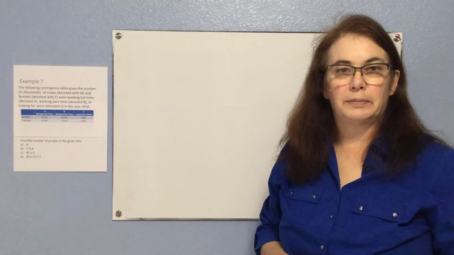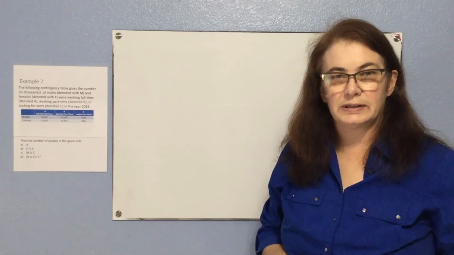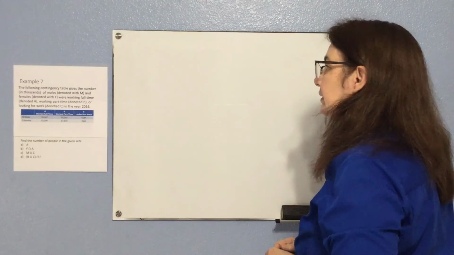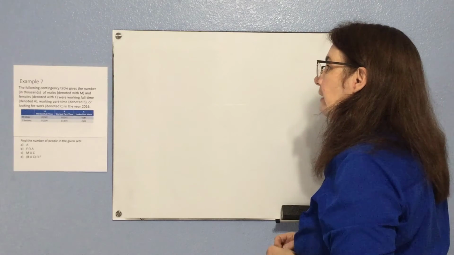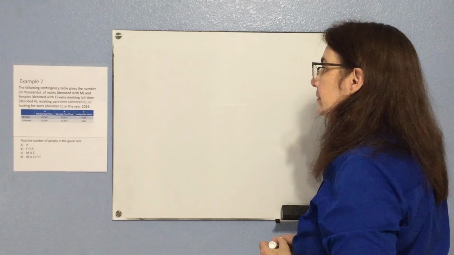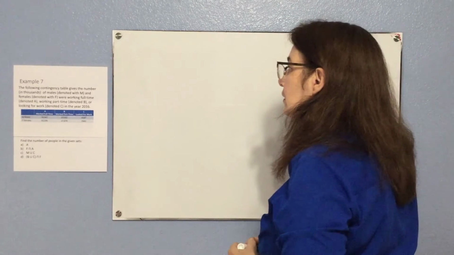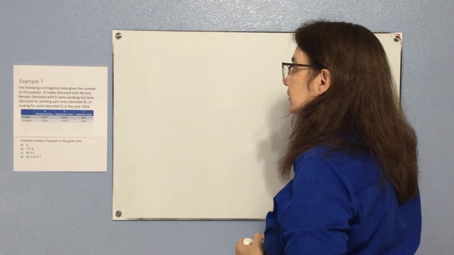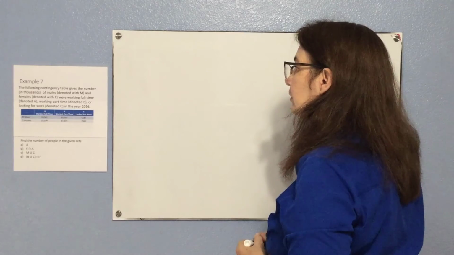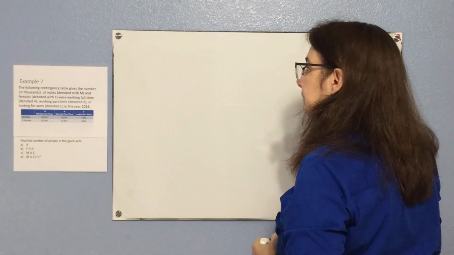In our next example, we'll be looking at another representation of sets called a contingency table. And the example reads this way. The following contingency table gives the number in thousands of males, denoted M, and females, denoted F, who were working full-time, denoted A, working part-time, denoted B, or looking for work, denoted C, in the year 2016.